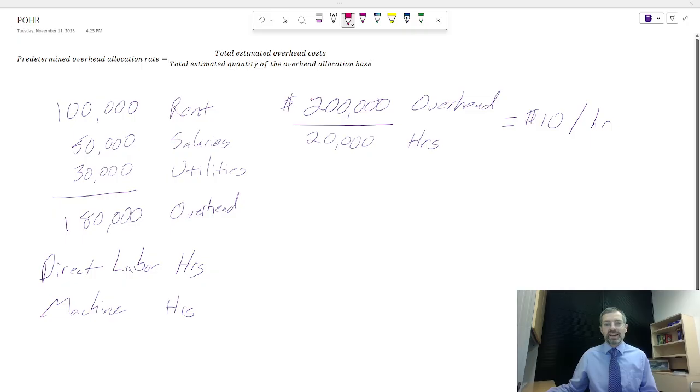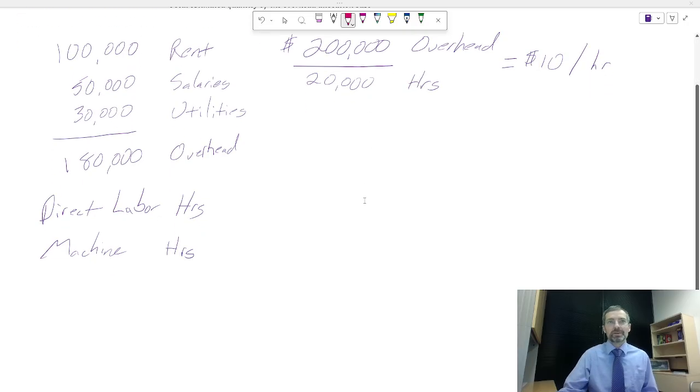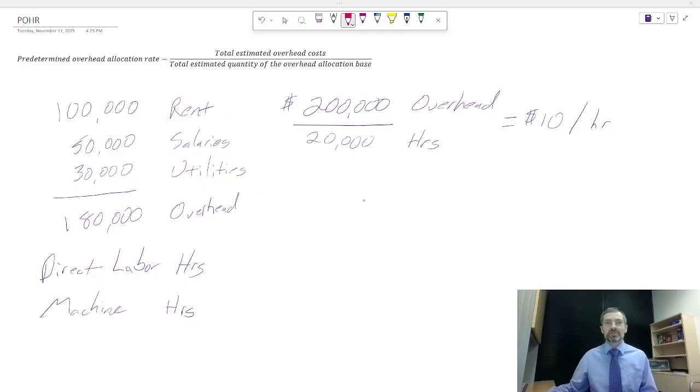What if it actually added up to $210,000? What then? So our estimate is never going to be perfect. And so we have one final cleanup journal entry to make to reconcile our estimates with reality.